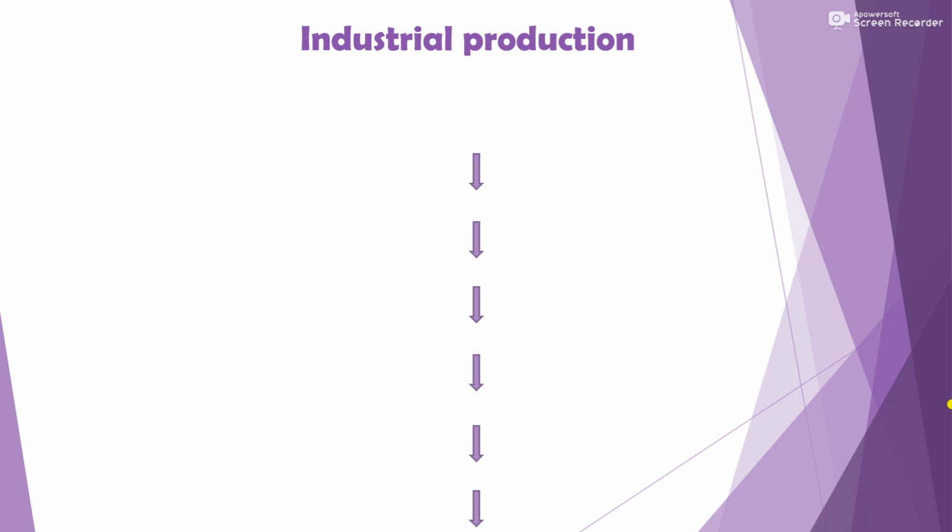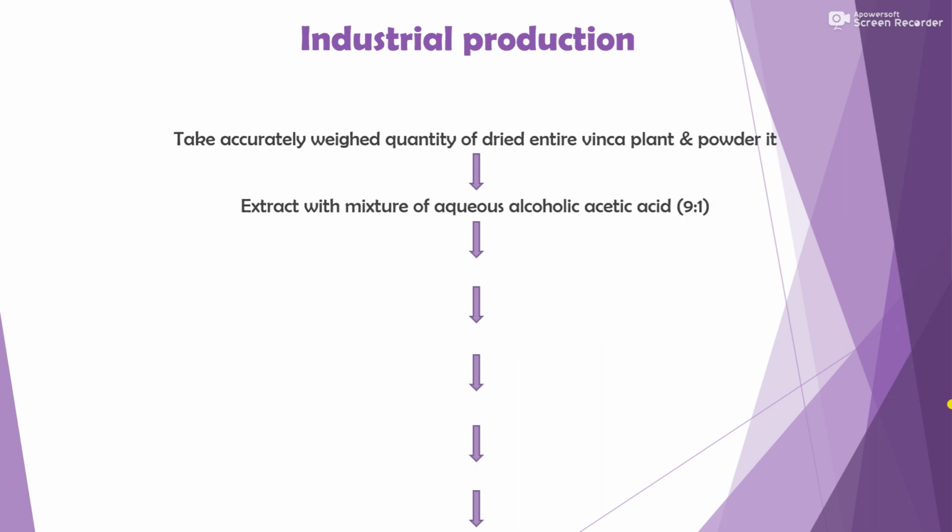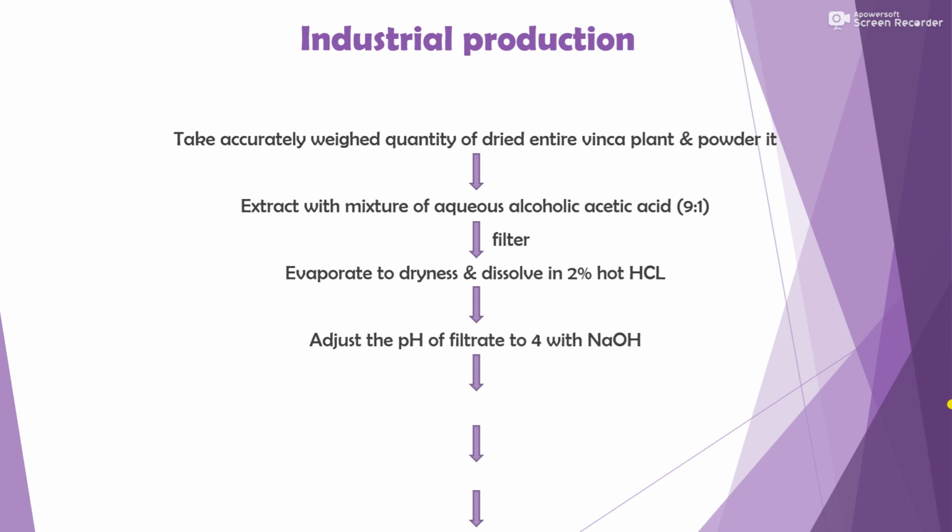Next is the industrial production for both. Take an accurately weighed quantity of dried entire Vinca plant and powder it. Extract with a mixture of aqueous alcoholic acetic acid in the ratio 9:1. Filter it. Evaporate to dryness and dissolve in 2% hot HCl.